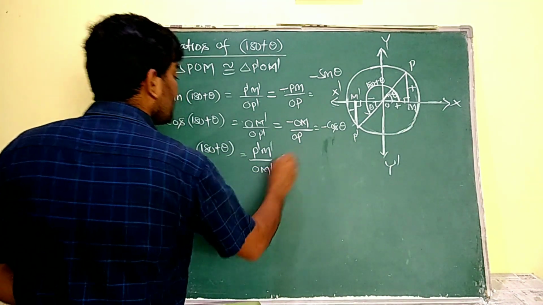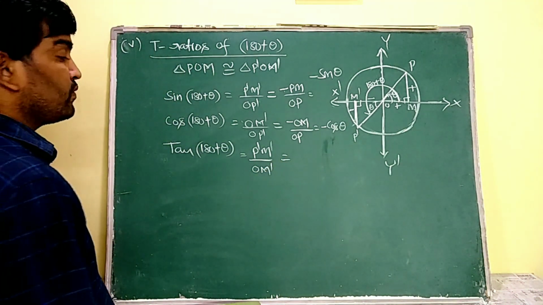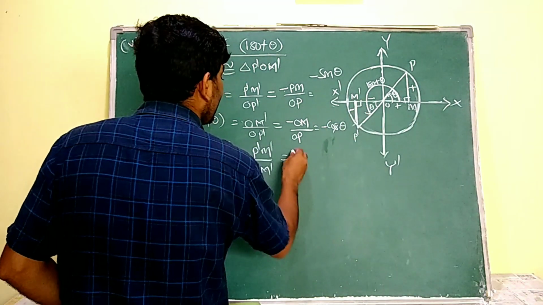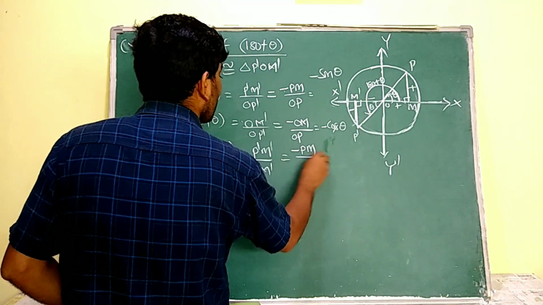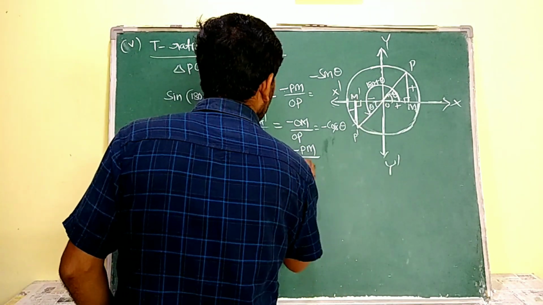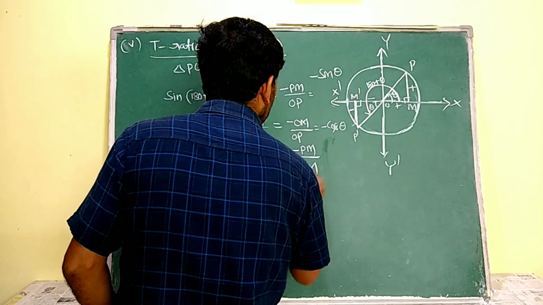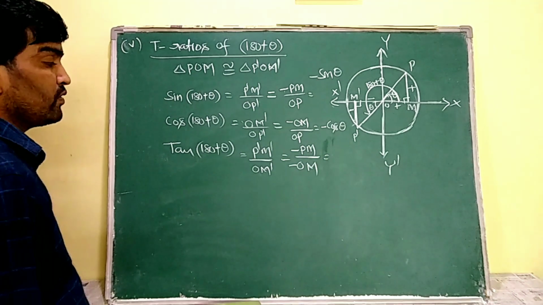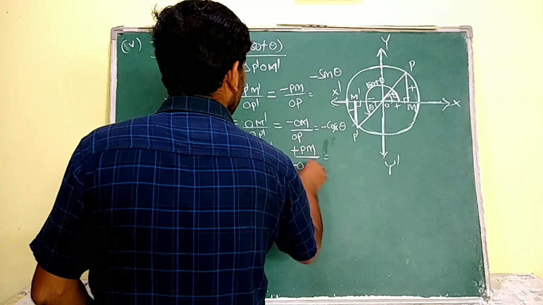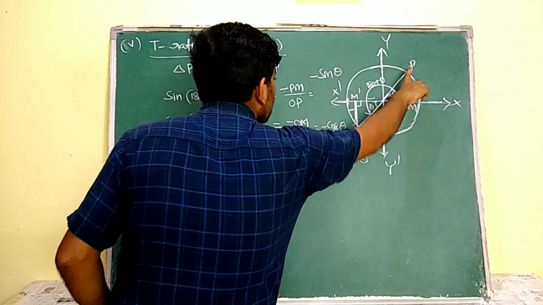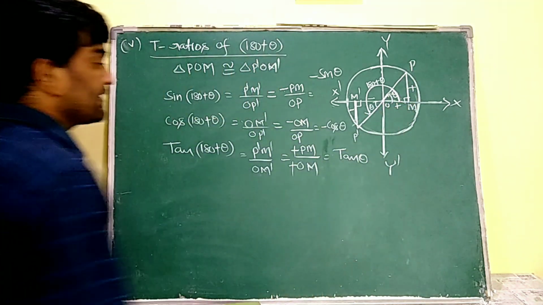P dash M dash is equal to minus PM, and OM dash is equal to minus OM. So this is PM by OM. These minuses are going to be cancelled. That is equal to tan theta. PM by OM is equal to tan theta.